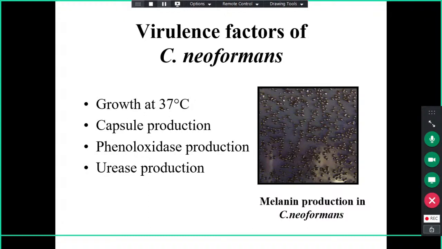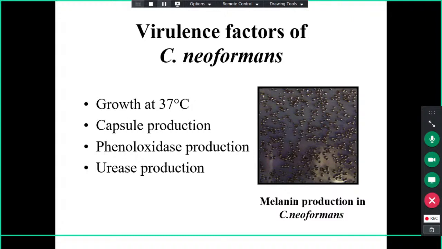Because they cannot survive in the human body. In the environment, at 25 degrees they can survive. So growth at 37 is also one of the virulence factors to develop the disease.